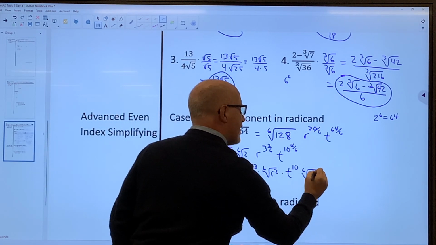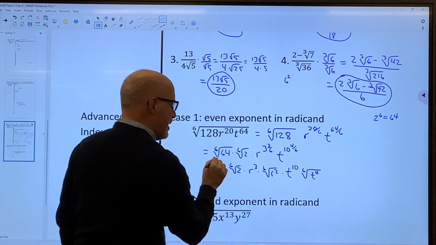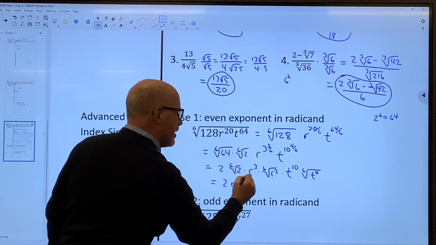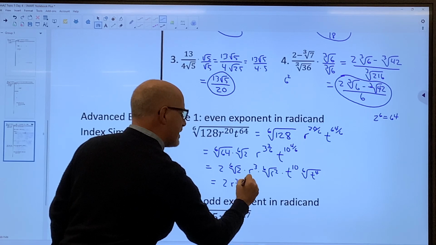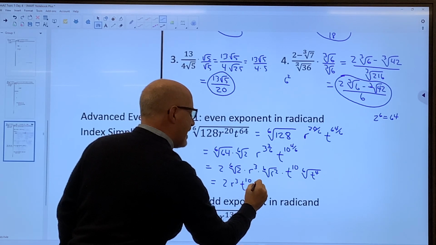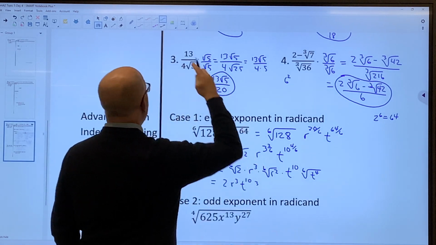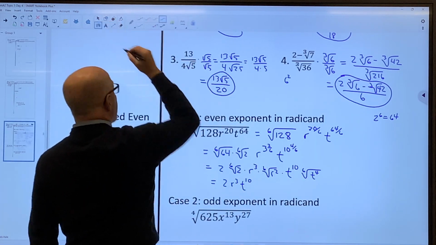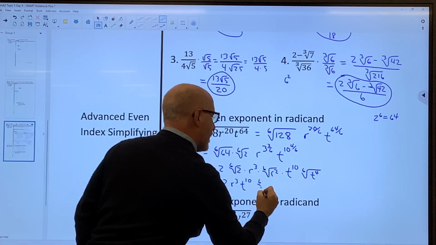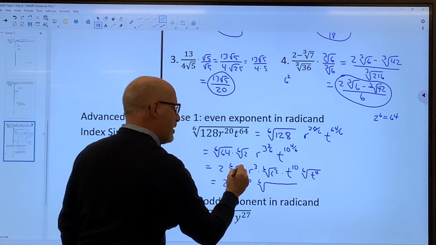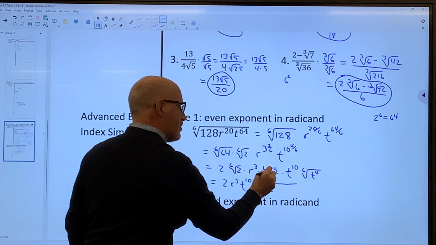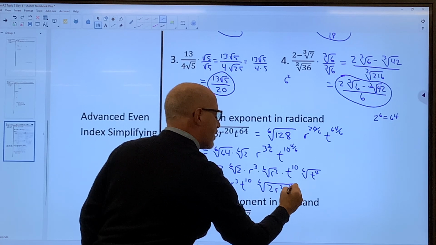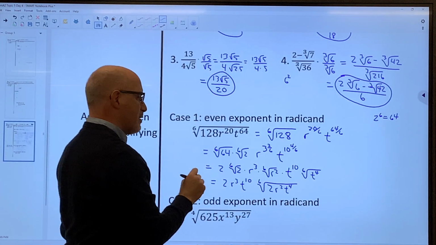So this one here, we're gonna go ahead and put 2 r to the 3rd, t to the 10th, the ones that came out, and then we're gonna have the 6th root of what's left over underneath. There's a 2, there's an r squared, there's a t to the 4th. Notice those are all gonna be positive, so that's possible.